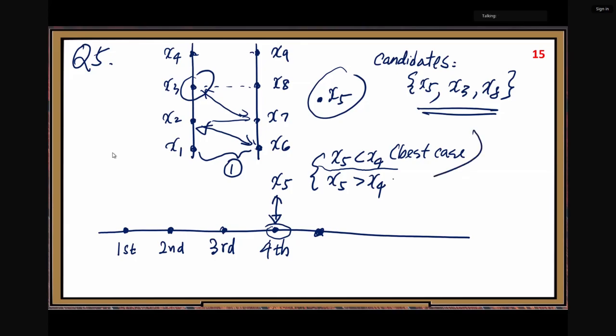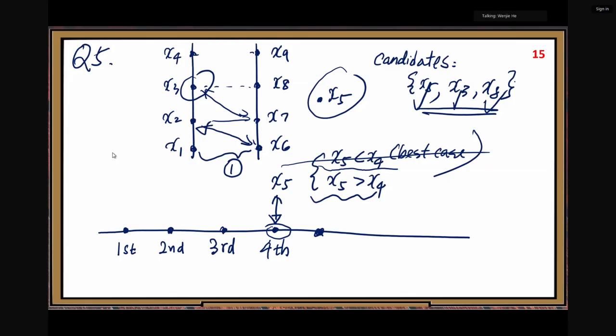We don't look at the best case. We are targeting the worst case, so we should assume x5 greater than x4. Then x5 is a candidate, because it is greater than x4. x3 and x8 are also greater than x4, and they are intermediate in the current order.